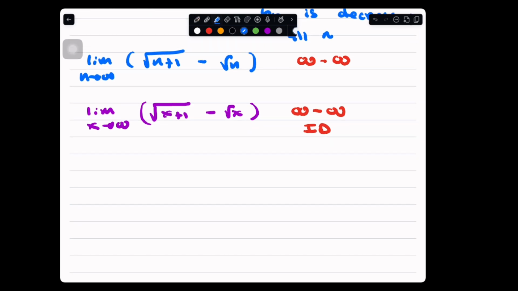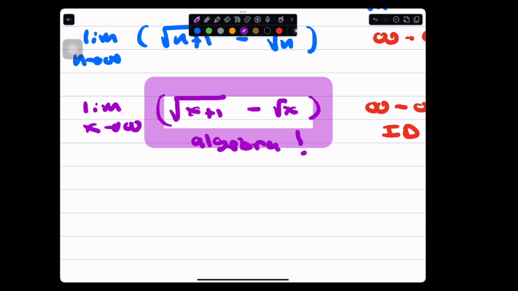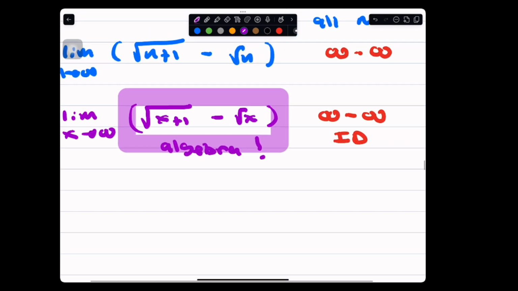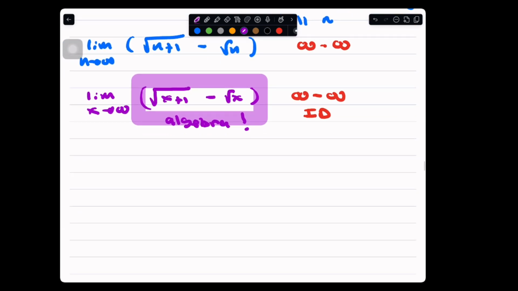Well, I guess we don't have to use L'Hopital's rule on this one. This is actually a Calculus 1 question. Remember this in Calculus 1, the indeterminate difference? All right, there's a way we fix this. Let's use some algebra. You guys remember the fix?